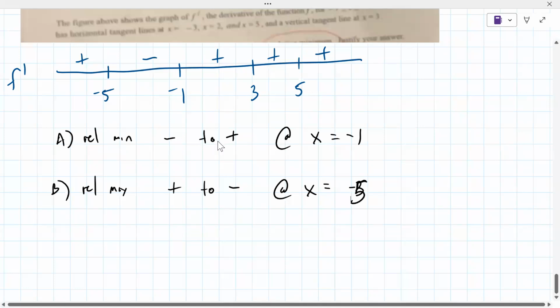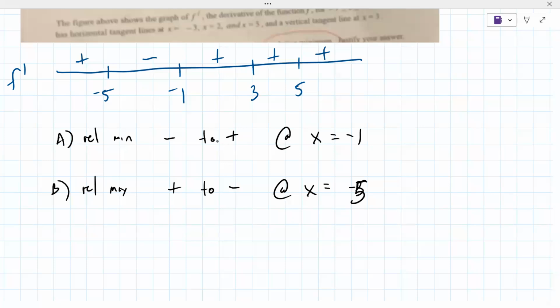I feel like it is, especially in this context. You could say decreasing to increasing. You want to follow the notation the teacher's been using all semester.